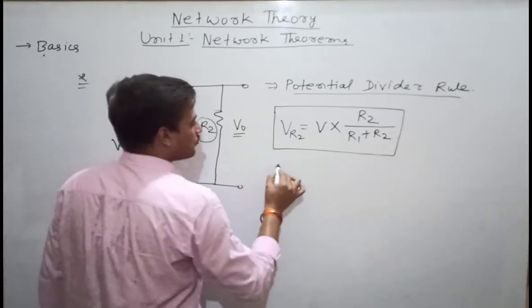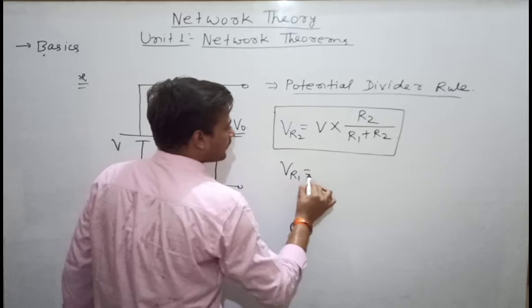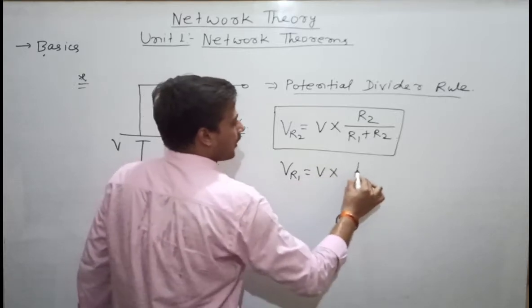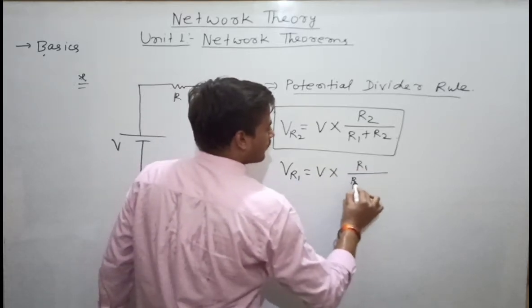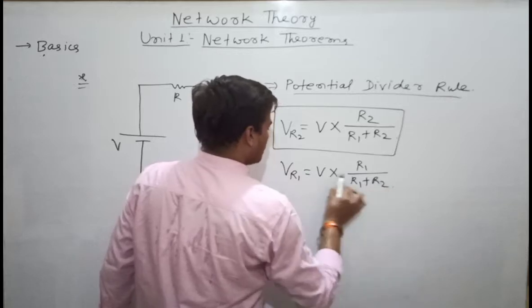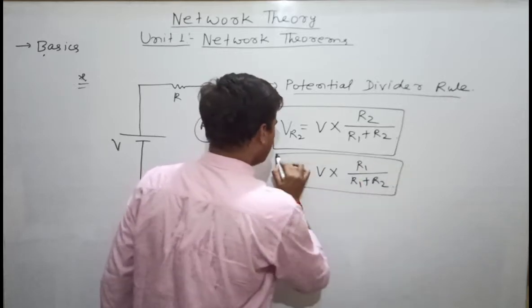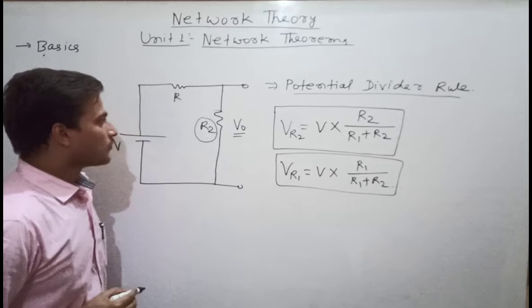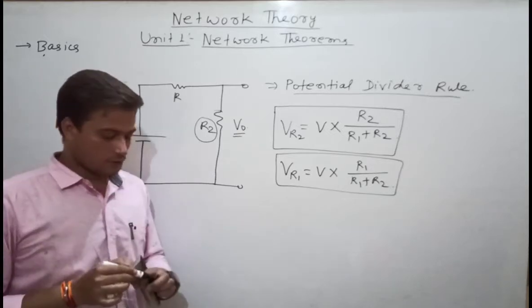Now if someone is asking you VR1, you will write it is equal to V into R1 divided by R1 plus R2. So this is the potential divider rule.